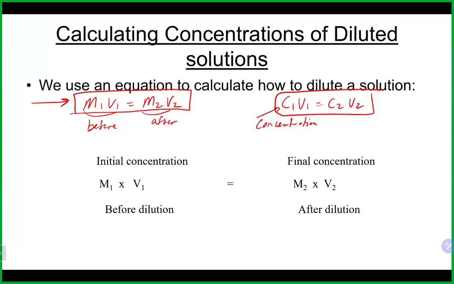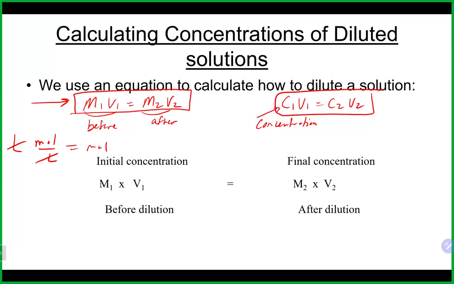Now, earlier we talked about when we were using molarity and volume, that if you're not doing a dilution and you're just using molarity and volume, you should convert your volume into liters so that they properly cancel out and give you moles, which is probably what you're looking for.